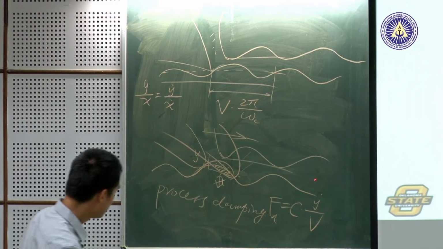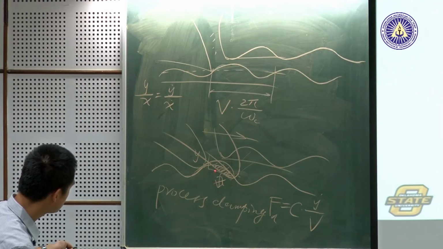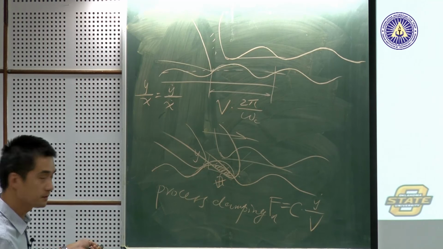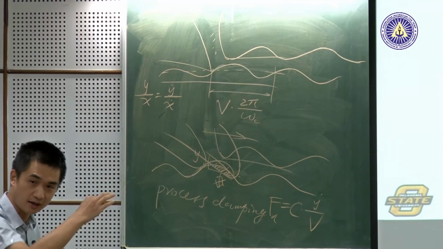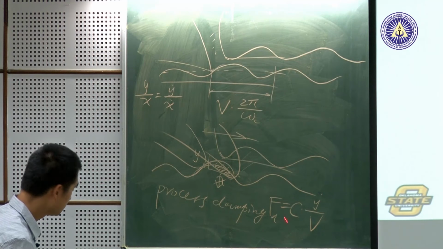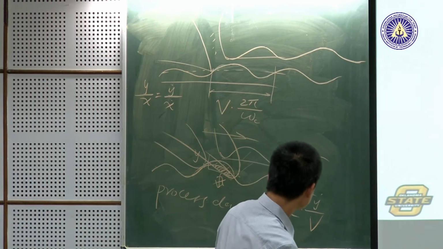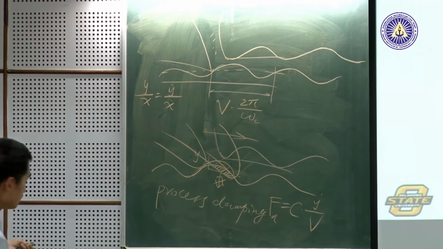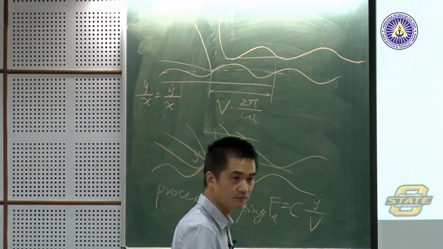But the problem is there's a coefficient C, which depends on what? It depends on material properties, right? Because if the tool edge presses on a harder material, there's a higher stress, which means higher process damping force. We need to calibrate C. People have done that before, and even several colleagues of mine do that.